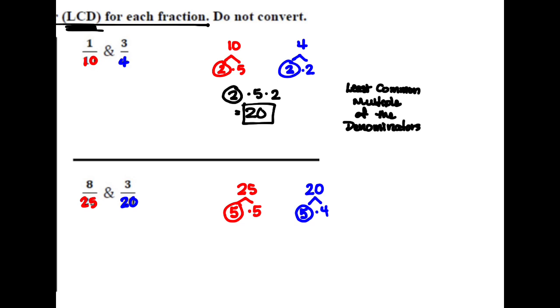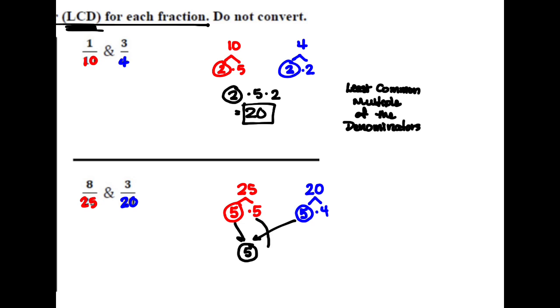You can break the 4 down to a 2 and a 2, but you can't break the 5 down, and they have nothing in common. So we don't need to go any farther on those two. We're done. So these two 5s come out as a single 5.